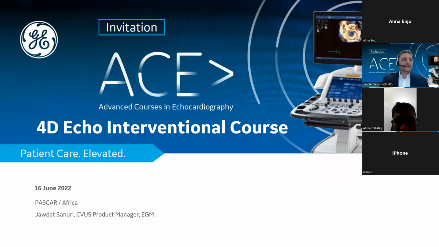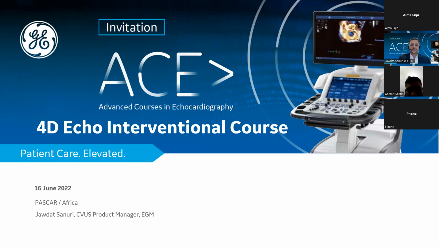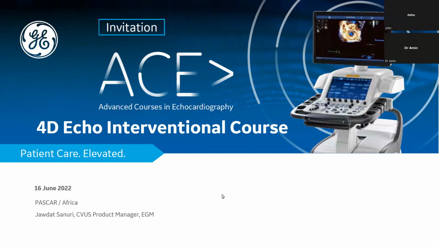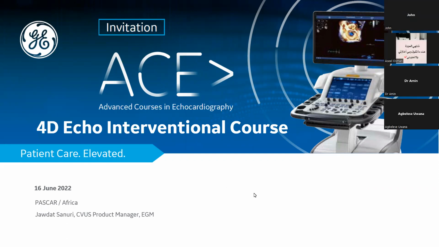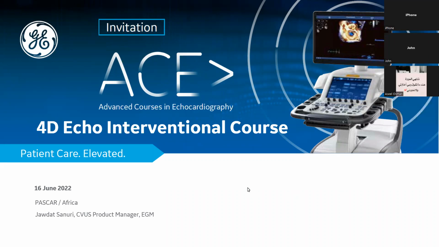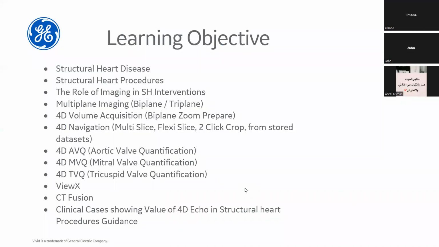So we will simply talk about how 4D echo can help during structural heart interventions and during complex procedures that require guidance. We'll talk about structural heart disease. What are the different types of procedures in terms of structural heart or percutaneous procedures?